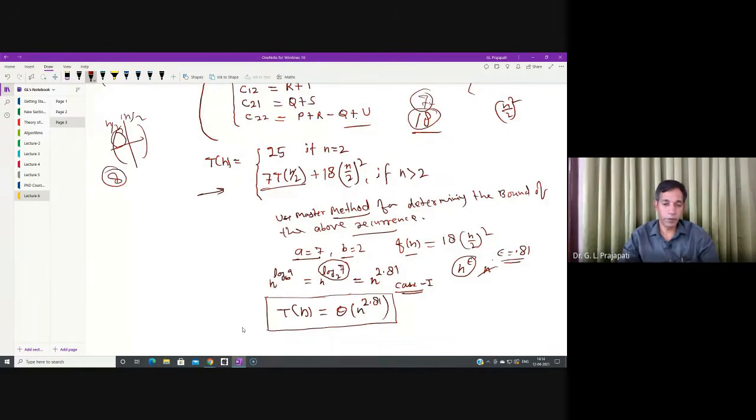Now see the improvement. This algorithm has improvement over the brute force method and plain divide and conquer. Here you have used divide and conquer with Strassen's formula, not the brute force method.